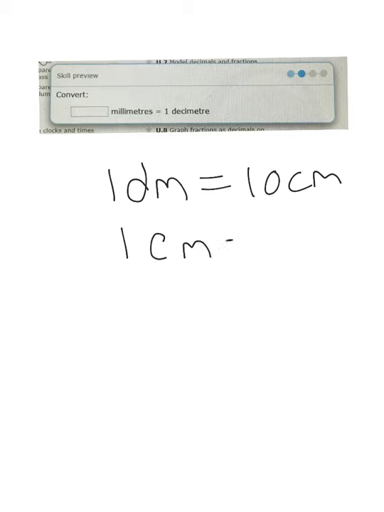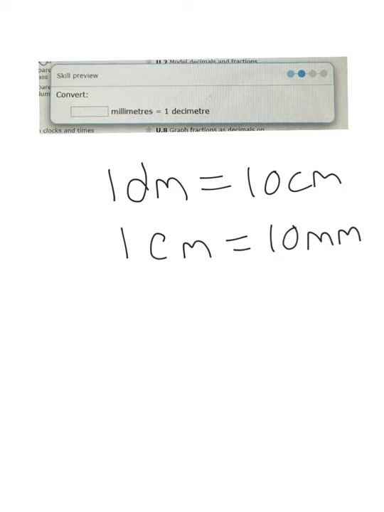Okay, this next example is a bit tricky because it has a couple steps as well. We haven't gone directly between millimeters and decimeters, but we can figure it out. So let's write down what we know. We know that 1 decimeter equals 10 centimeters. And we know that 1 centimeter equals 10 millimeters. So let's figure out how many millimeters is in 10 centimeters.